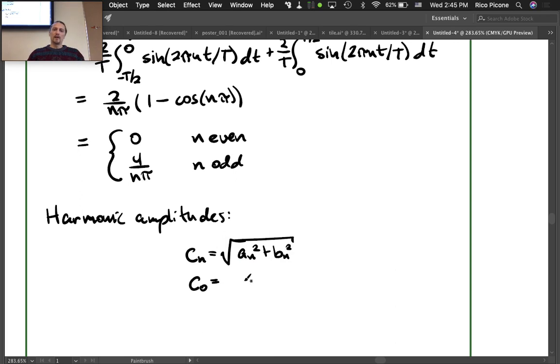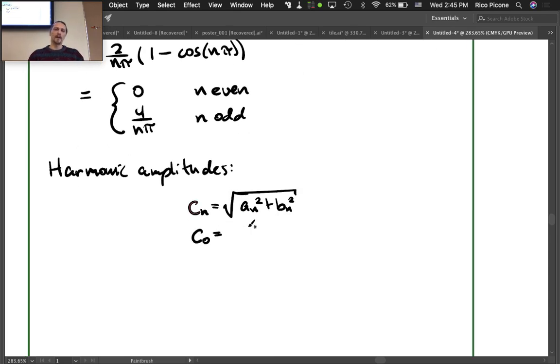C0 is equal to, it's an even number, so bn is 0, an is 0, so it comes out to be 0. C1, an's always 0, bn is whatever this is. Well, what is this always going to be in our case? An's always 0, so we get the square root of bn squared. So what is it? Yeah, the absolute value of bn, because bn can be negative.